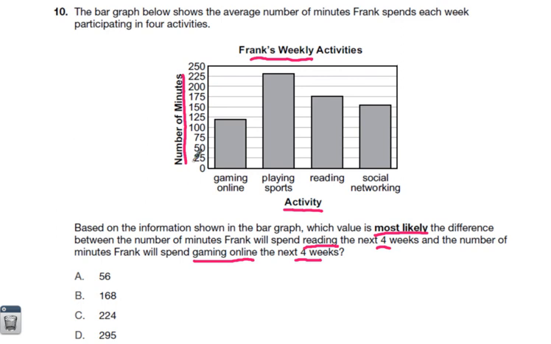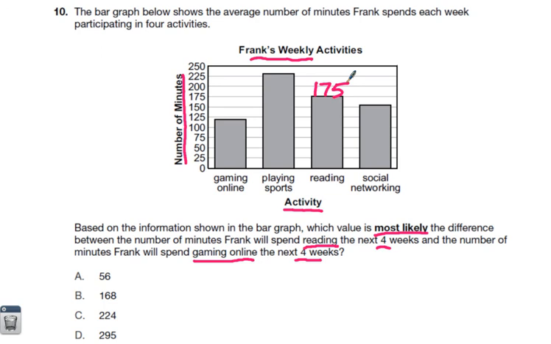So, reading. Looks like Frank spends an average of 175 minutes reading every single week. So over the next 4 weeks, doesn't it make sense to multiply 175 times 4?